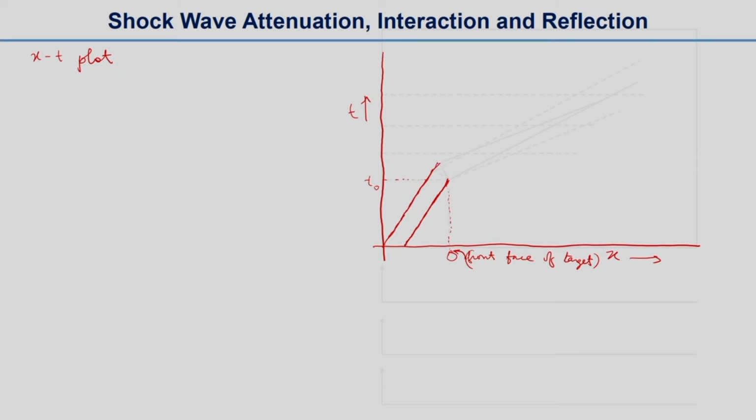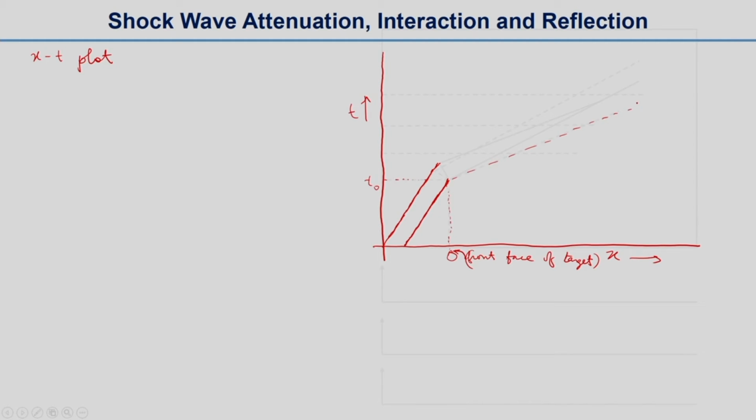So, it will look something like this, and when it hits the target, there will be two waves as we know, and the first one is the elastic wave, this one is the elastic wave.